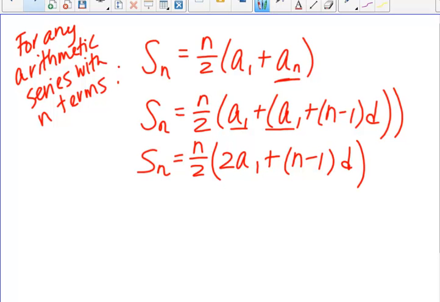Now, I would not memorize this, but just be aware, because in the end you could always just use this little piece to figure out what that nth term is. And we're going to do an example to hopefully help you get there. Okay. So, example.